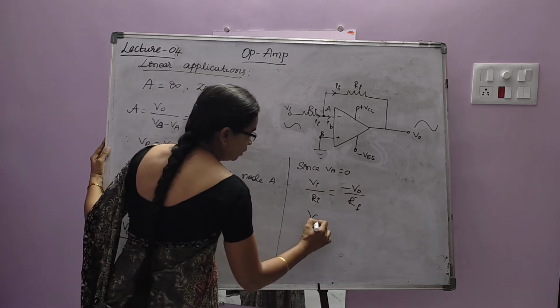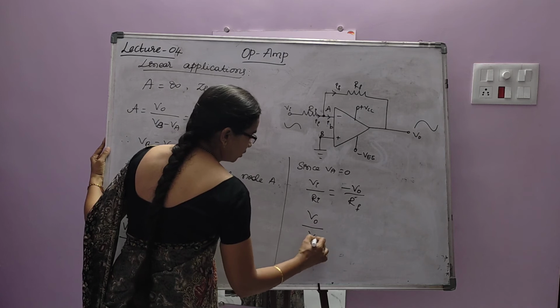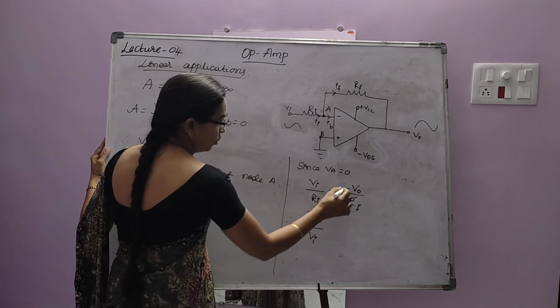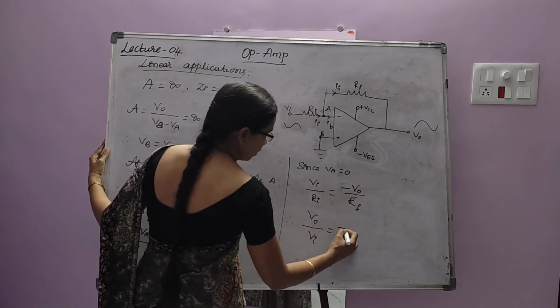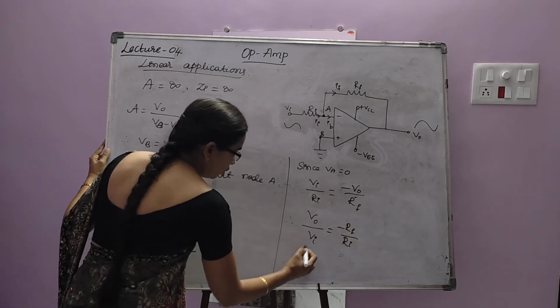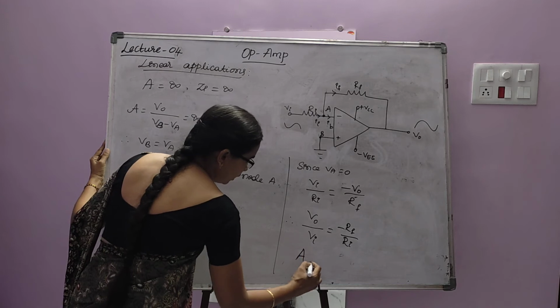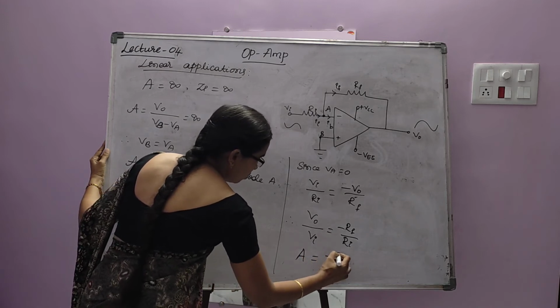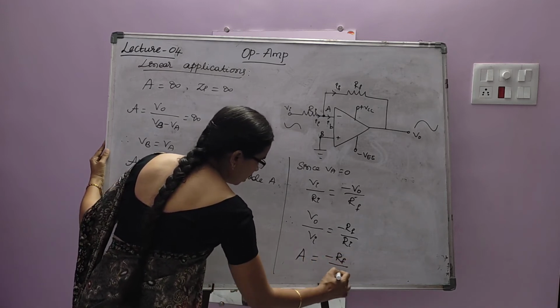So V naught by VI can be written as minus RF by RI. V naught by VI is equal to the gain, that is equal to minus RF by RI.